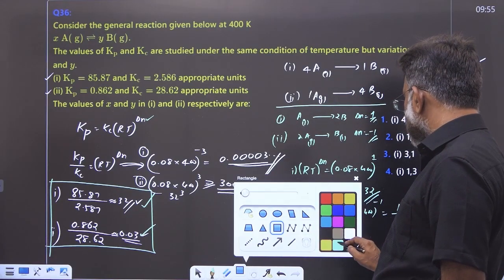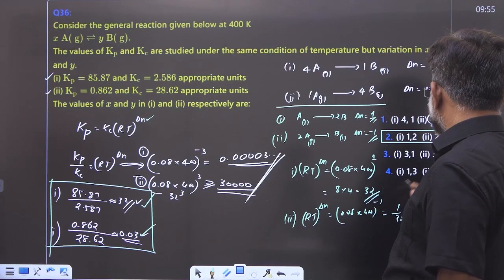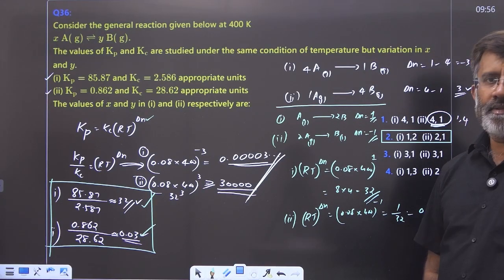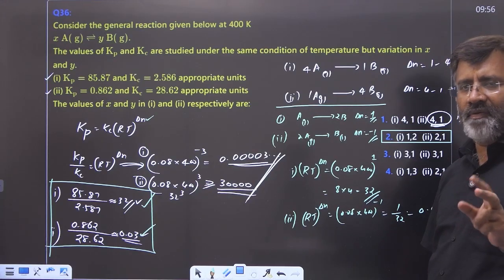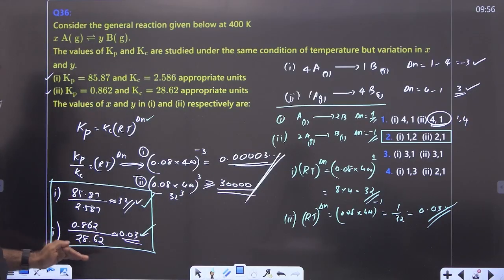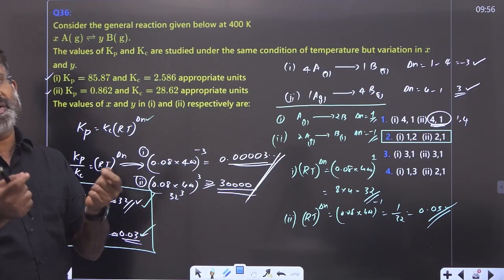Correct answer is second choice, and let me tell you, option 1 and option 3 do not seem to be valid, because the coefficients are not the same in those cases. When you take the ratio Kp by Kc, you are getting different values. That means the coefficients are different.